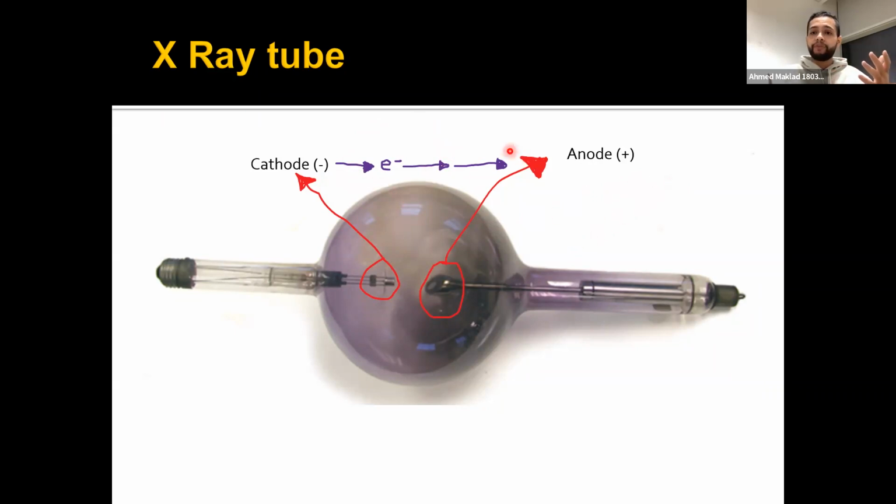So the negatively charged electrons will naturally be attracted to the anode, which is the positively charged end. So it all starts in the cathode. You have an electron that travels to the anode, and when the electron hits the anode, this is when you get an X-ray. I'm going to talk about this more, obviously, but that's basically how it works.